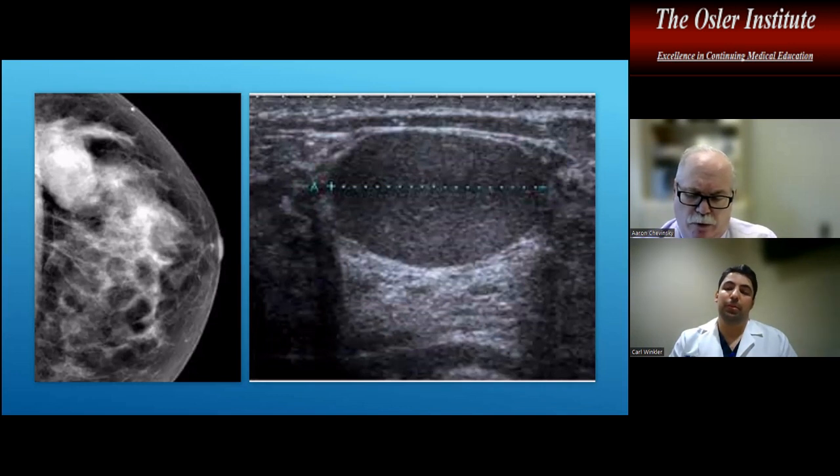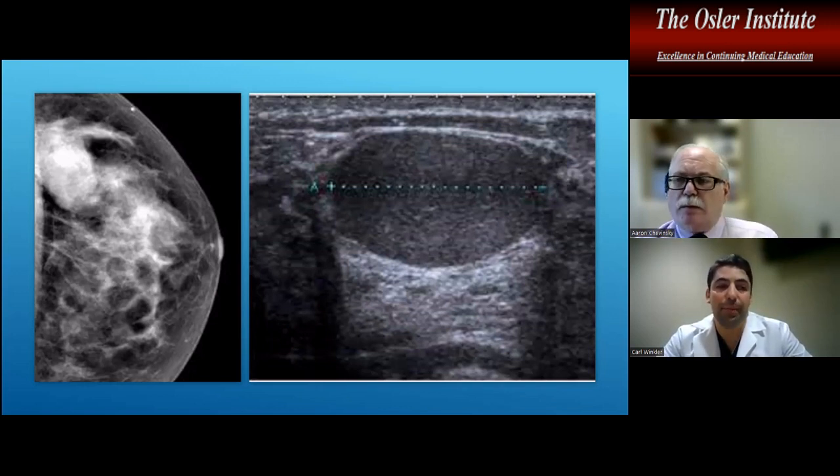Okay, so you remove it and the final pathology comes back as a benign phyllodes tumor with the tumor at the inferior margin. Positive inferior margin. Okay. The fact that it's a benign phyllodes tumor is encouraging.